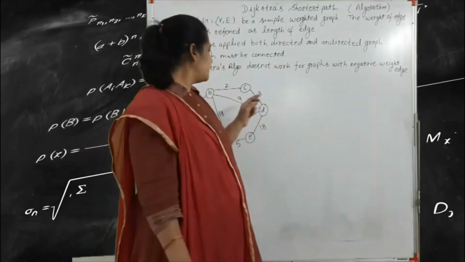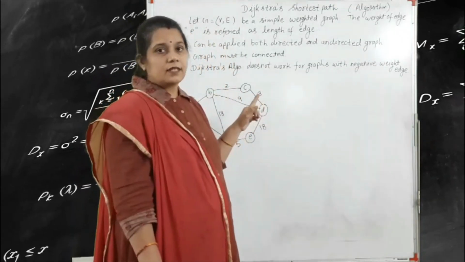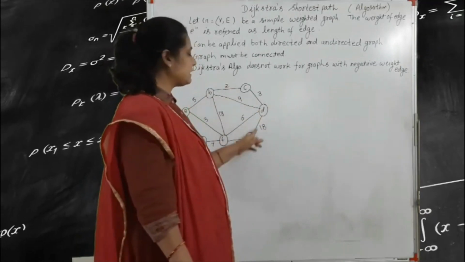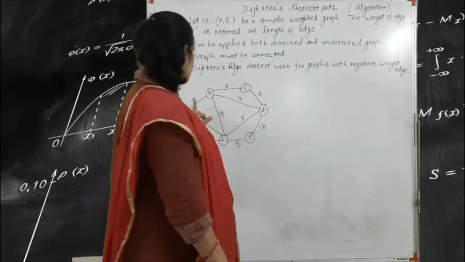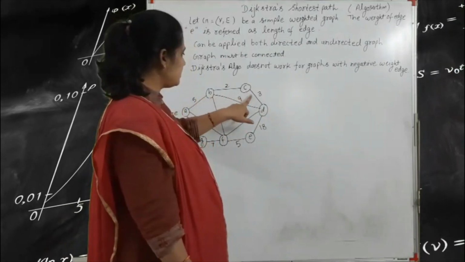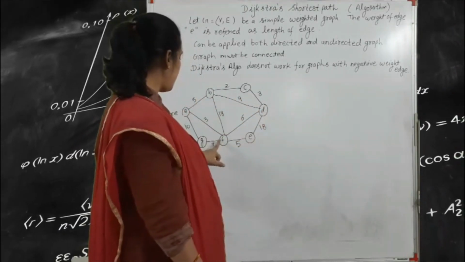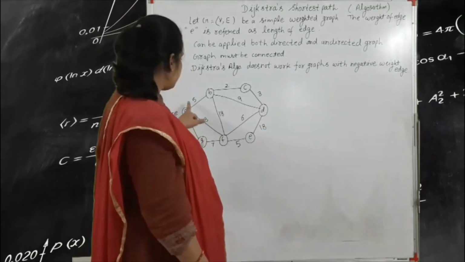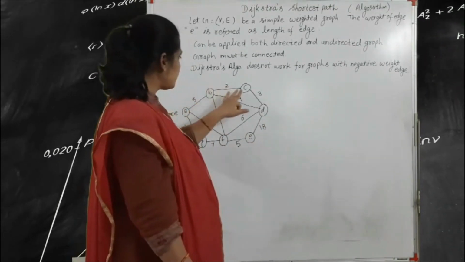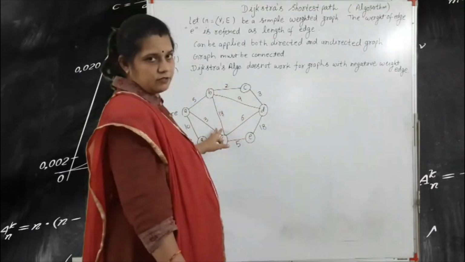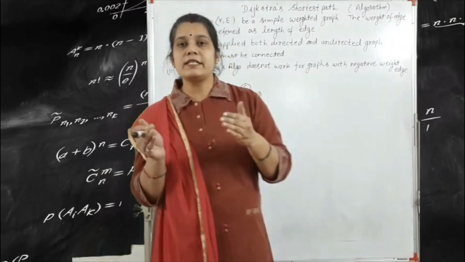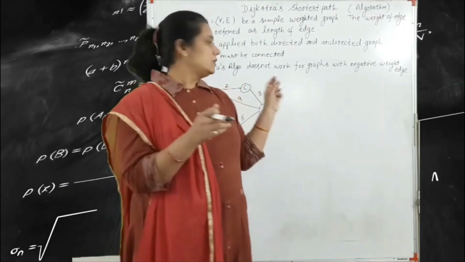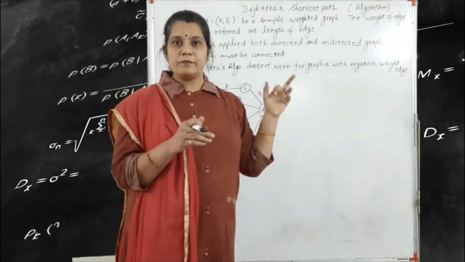Here we are given a graph. The graph is connected because the vertices are A, B, C, D, E, F and G. Every edge has a given length. So here we find the shortest path, and obviously the length of each edge is already given.